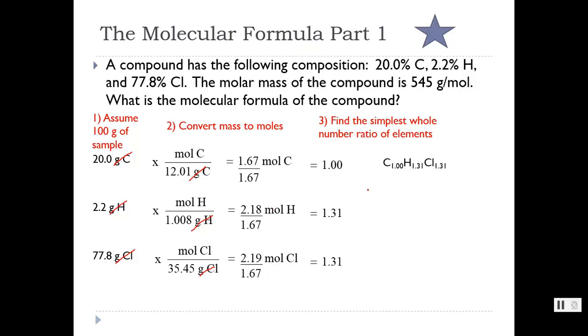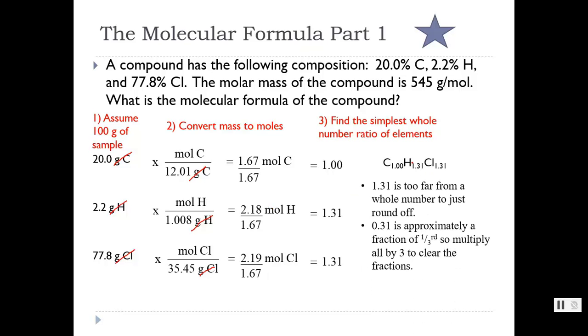So that 1.31 is too far off from a whole number to just round. So how are we going to get this 1.31 into a whole number? Well, that point 3, that's approximately a third. So if we multiply those 2 numbers along with this subscript for carbon by 3 to clear the fractions, then when we do that, we get a nice whole number for carbon.